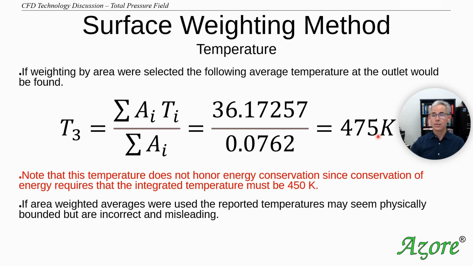If you used area weighted, you could get a 450 degree temperature there if you adjusted it. The problem is if you went out into the field and implemented this, practically speaking, you're not going to get that, and that's problematic.